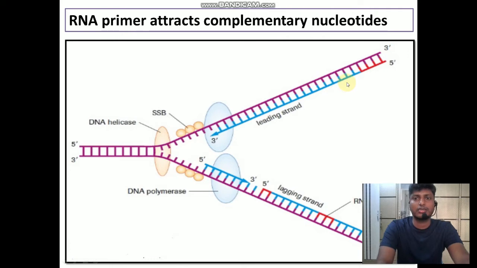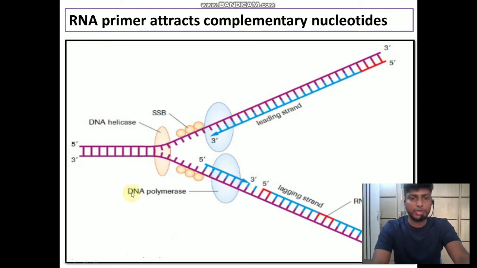It attracts the nucleotides towards itself, and once it starts attracting the nucleotides towards itself, later on the DNA polymerase enzyme will start forming the new strand.